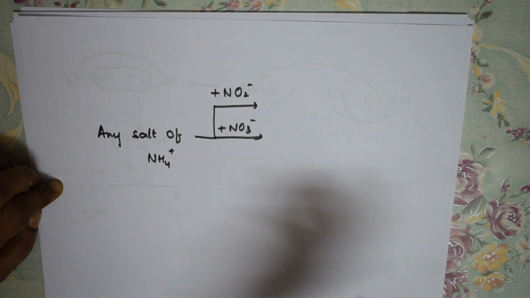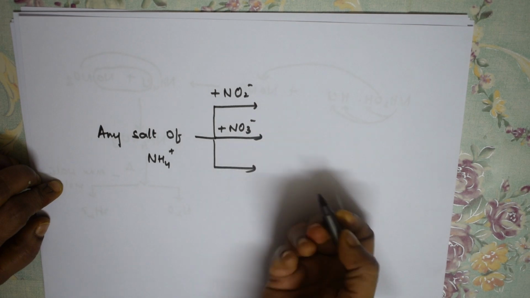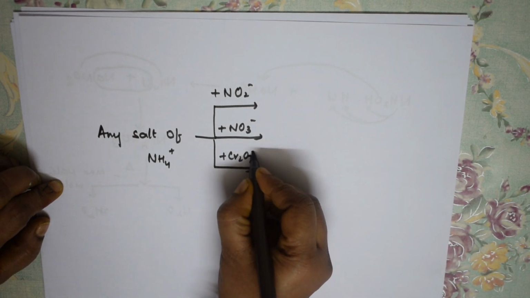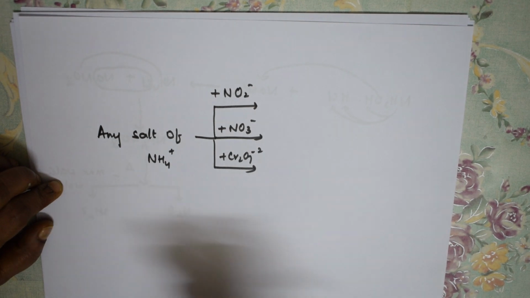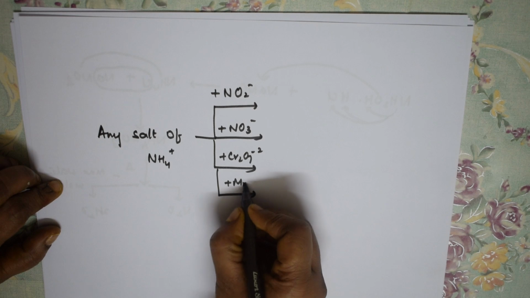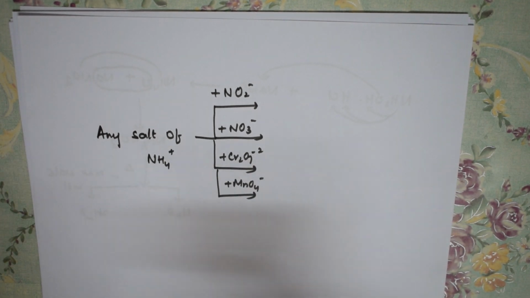No problem. Let them give me a complicated one, like Cr2O7, dichromate. Or if I see dichromate, I remember manganate. So simple thing. Just see, students.